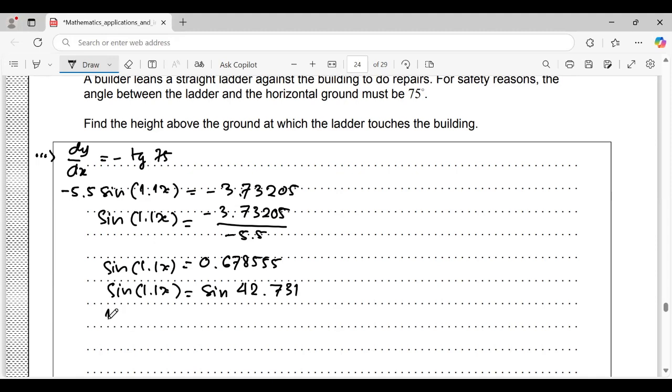Right, so it means 1.1x equals 42.731. So x equals 42.731 over 1.1, which equals 38.846. It is in degrees.